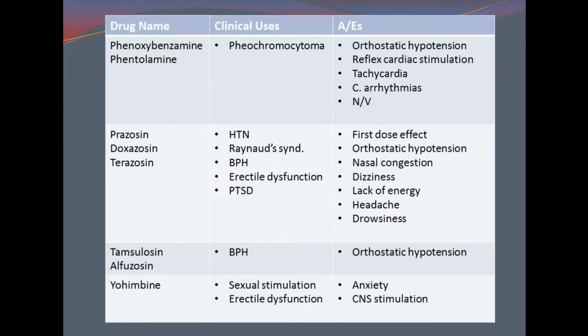Benign prostate hypertrophy is associated with a tumor of the prostate gland in which the sufferer experiences urinary obstruction and fails to micturate, leading to the retention of the urine.